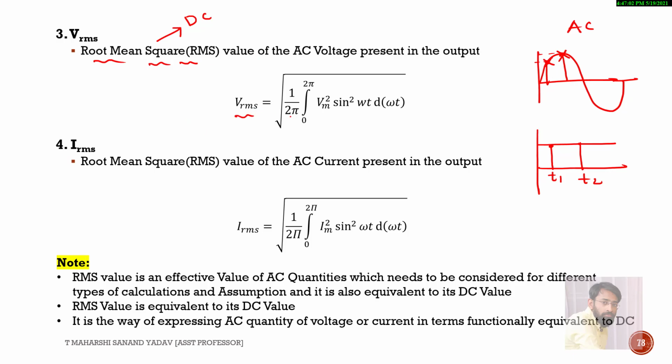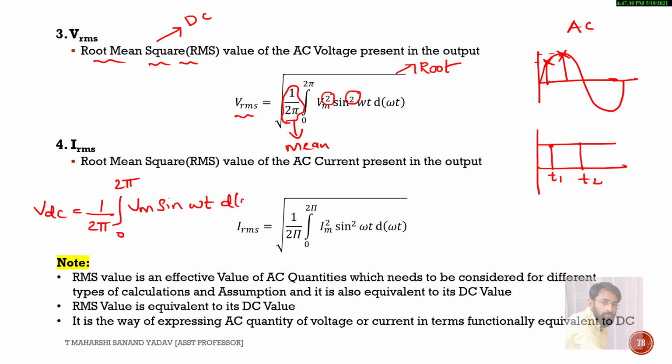So coming to VRMS, this is nothing but root, mean is nothing but an average, and square. So root mean square is there. Simply, in the previous case we have seen that VDC is equal to 1 by 2 pi integral 0 to 2 pi Vm sin omega t d omega t.